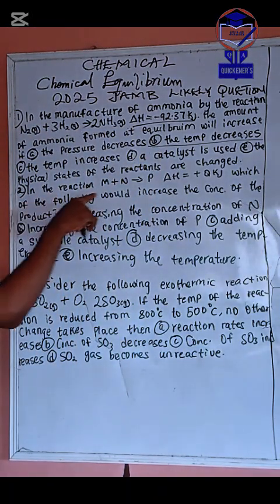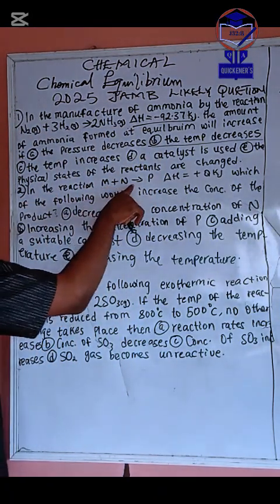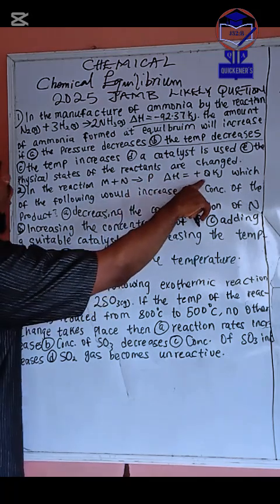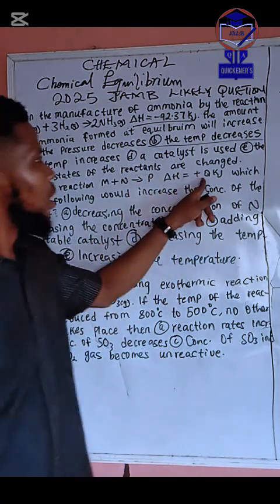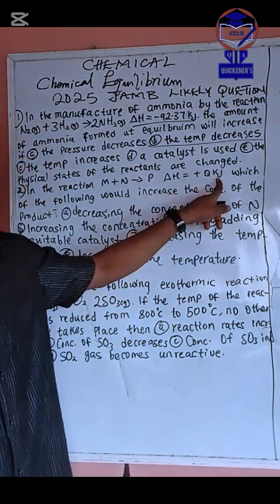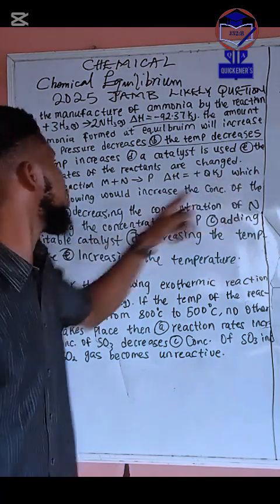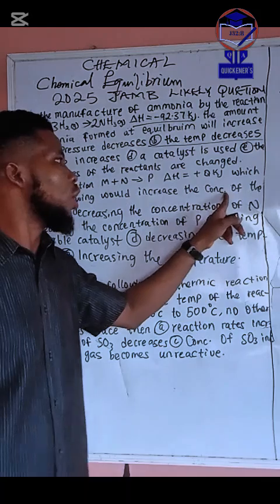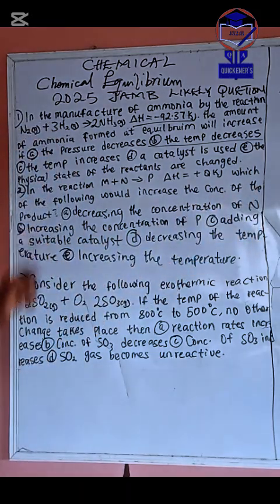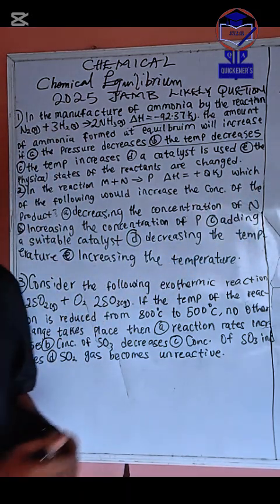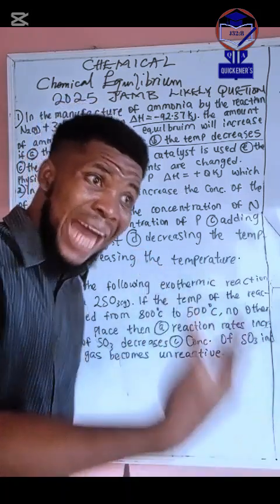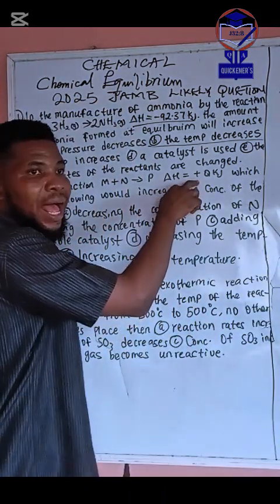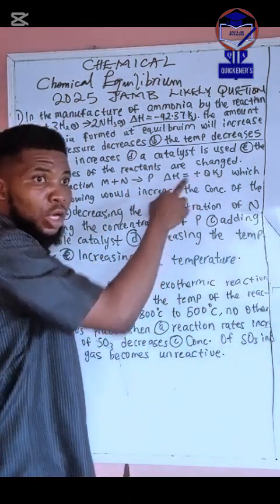In the reaction N plus M gives P, the enthalpy change is positive kilojoules. Which of the following would increase the concentration of the product? So we are talking about increasing the concentration of the product in an endothermic reaction now, not exothermic.